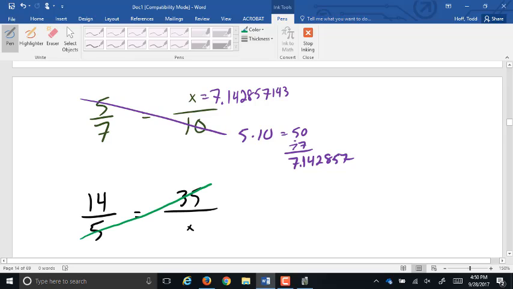Yeah, the two numbers that are diagonal here are the 5 and 35. So 5 times 35 is 175, right? Then what? Divide by 14, which is going to give us 12.5.